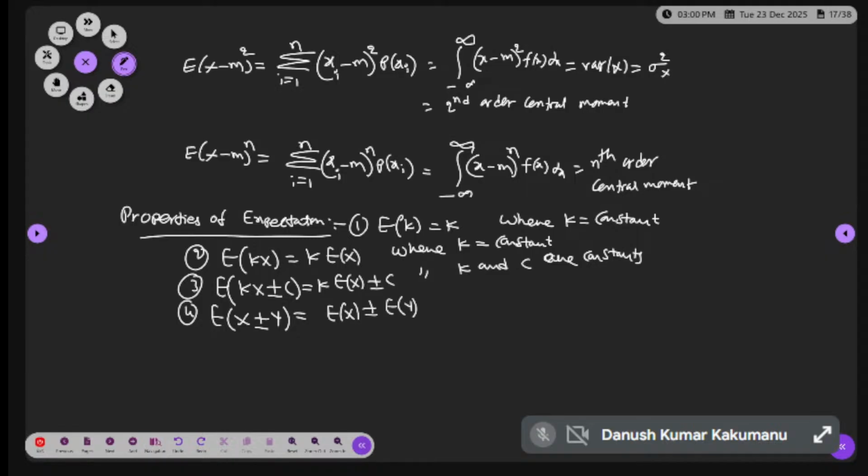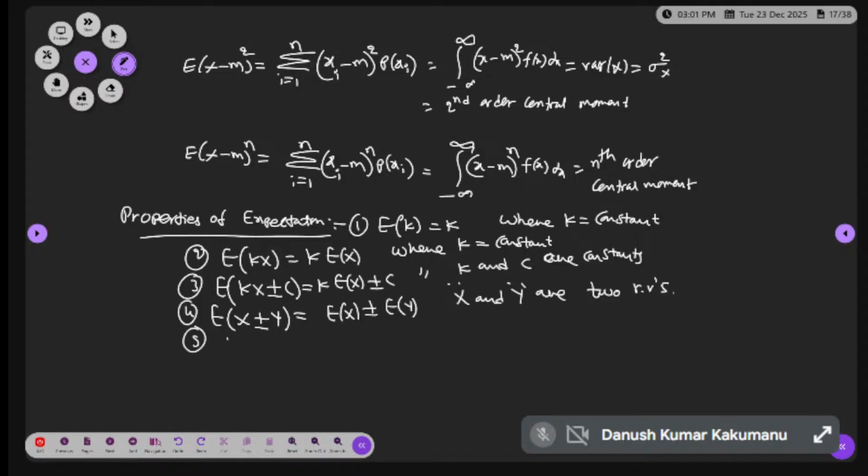Here, what are x and y? X and y are two different random variables. You are all understanding? E of x plus or minus y is E of x plus or minus E of y.